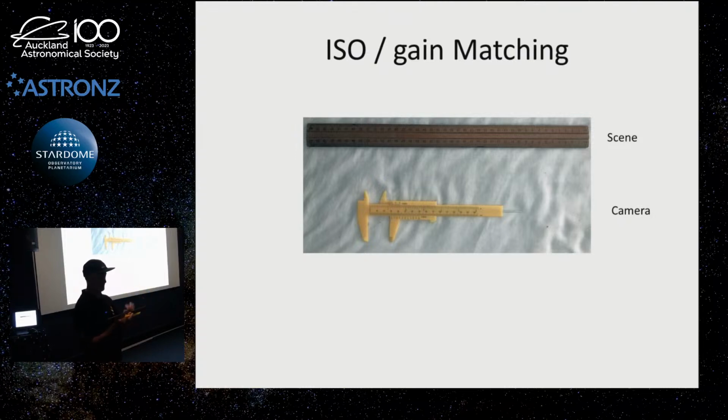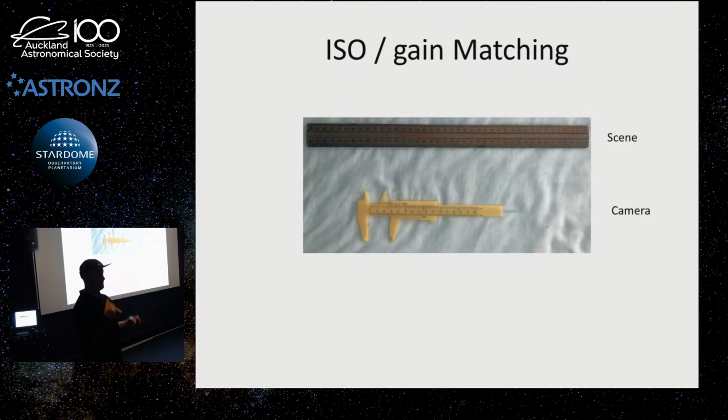You can expose your camera for the bright stars and you lose the faint nebulosity, or you can expose for the faint nebulosity and all your stars from here onwards get blown out and turned white. So that's the challenge in astrophotography.